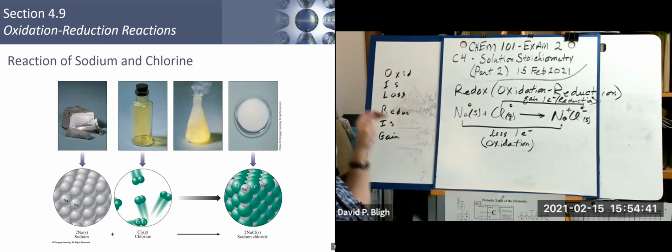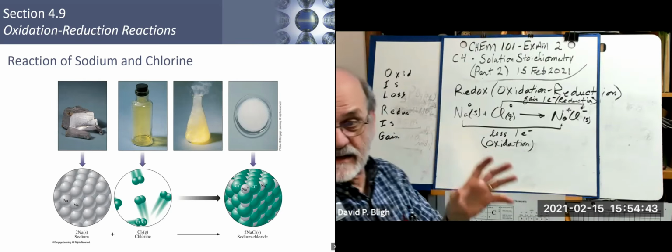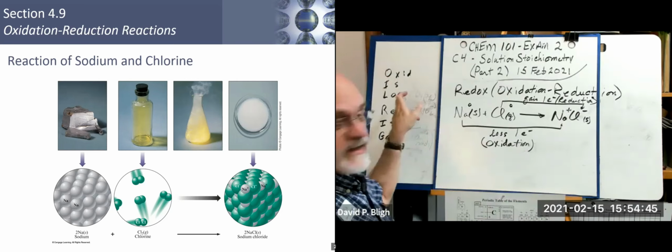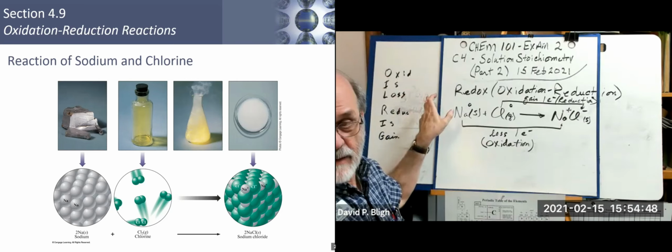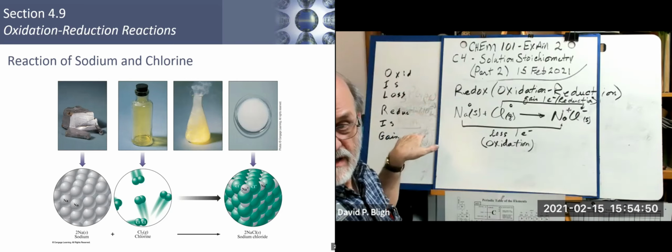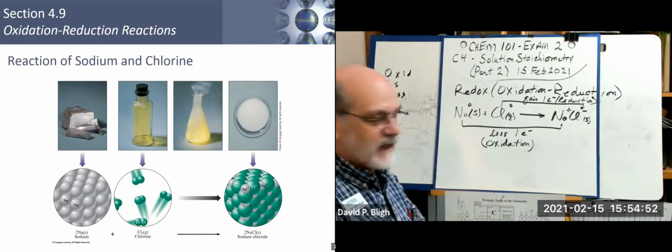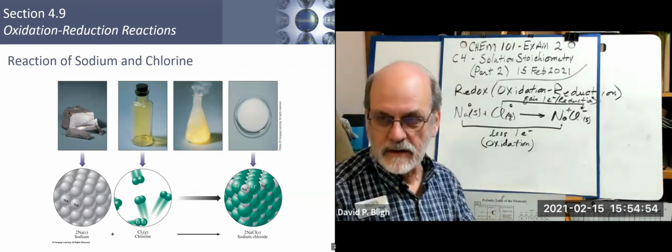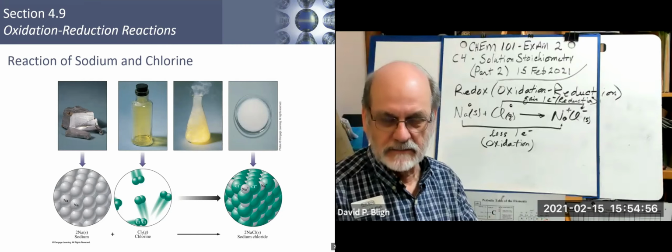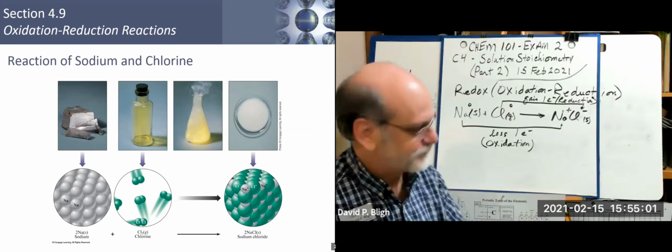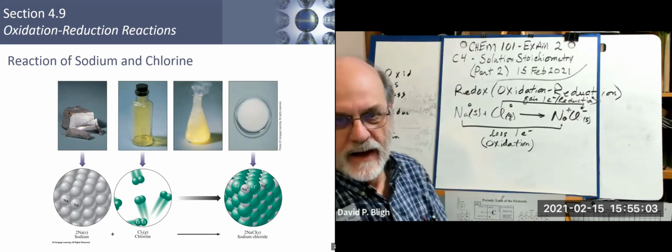Anytime you have a loss of an electron by any species, it has been oxidized. Anytime a species gains an electron, it has been reduced. And they always occur together. You can't have one without the other. Whenever there's an oxidation, there has to be a reduction. Okay.